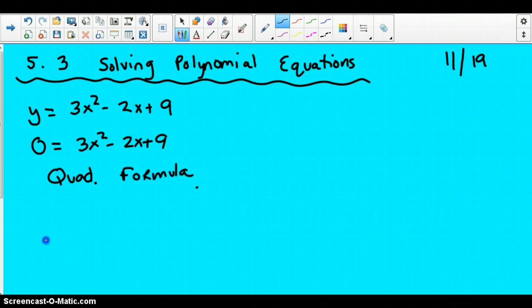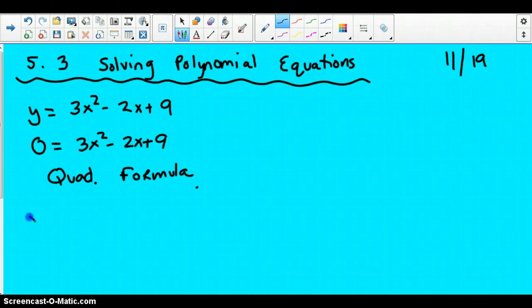So what we're going to do today, instead of having a degree of 2, we're going to have a degree of 3 and maybe even 4, and we're going to see what our solutions are. If it's a degree of 3, how many solutions should we get? 3. If it's a degree of 4, we should have 4 solutions.